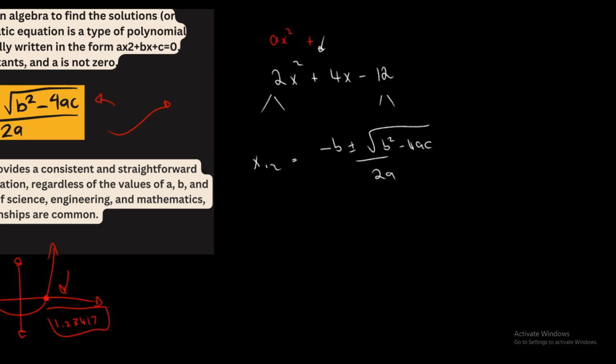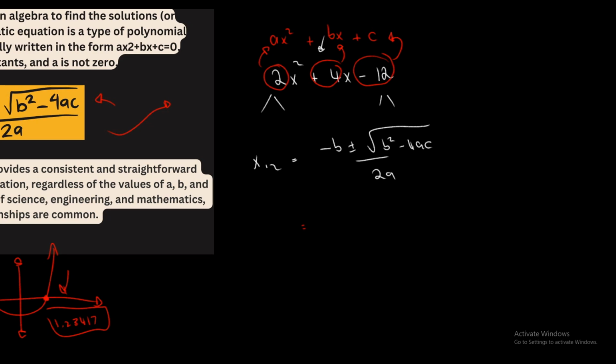Well, we'll have ax squared plus bx plus c. So we can easily identify this value will be c, this value will be b, and this value will be a. So now we can just substitute.